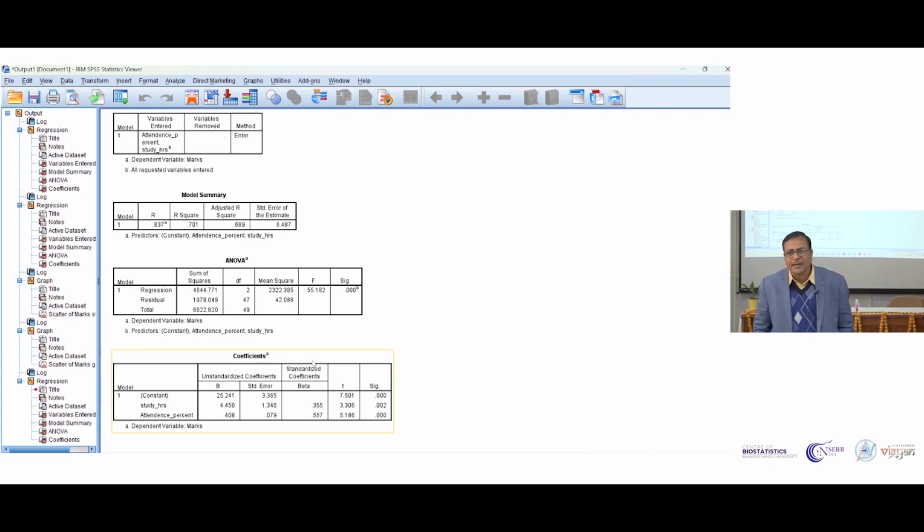It is also written in literature like 0.4 marks more, keeping study hour neutral / adjusted.